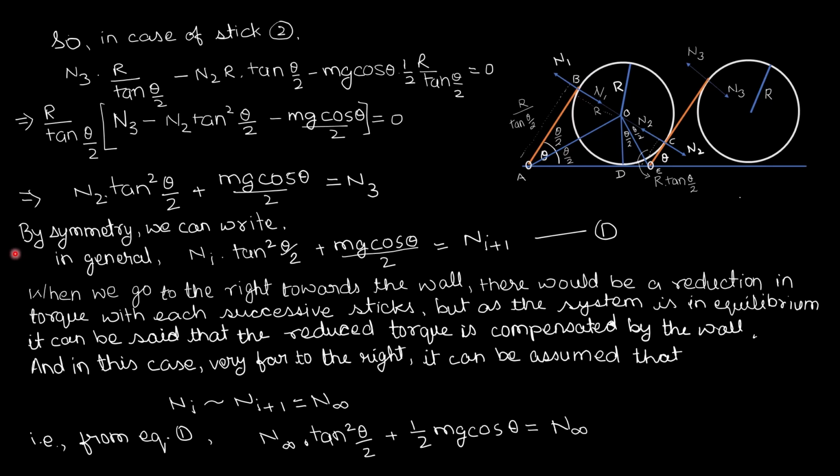Now, the real concept behind this problem is that when we go to the right toward the wall, there is a reduction in torque with each successive stick. But as the system is in equilibrium, the reduced torque is compensated by the wall.